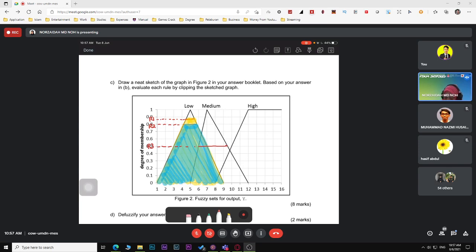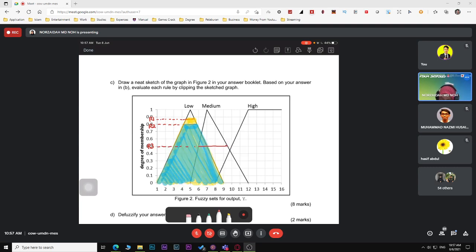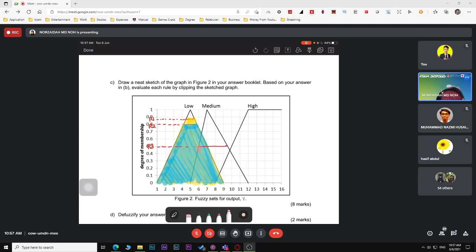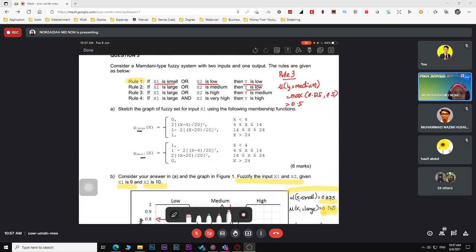Okay, katakanlah saya nak lorikkan yang ini sekarang warna merah. So kawasan ini, dia akan jadi macam ni. Okay, so untuk y is medium, settle 3 rules. And then, kita nak cari y is high, for rule number 4.